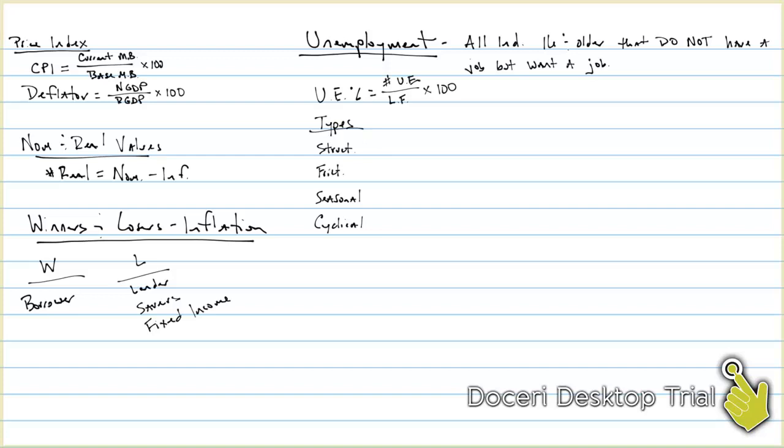Cyclical. Cyclical unemployment is the only type of unemployment that we want to get to zero. And cyclical unemployment happens when the economy changes, during recessionary gaps or inflationary gaps.